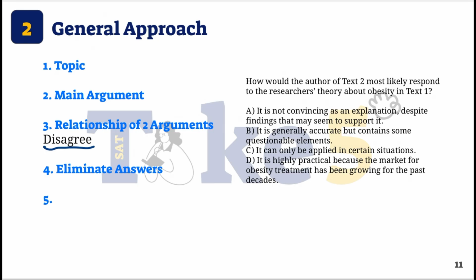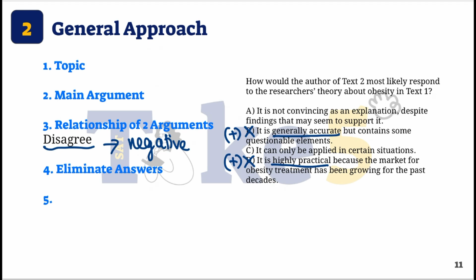Therefore, we want to look for an answer that reflects this relationship through using negative description. B and D will be eliminated since generally accurate and highly practical indicate a positive or an agreeing relationship.